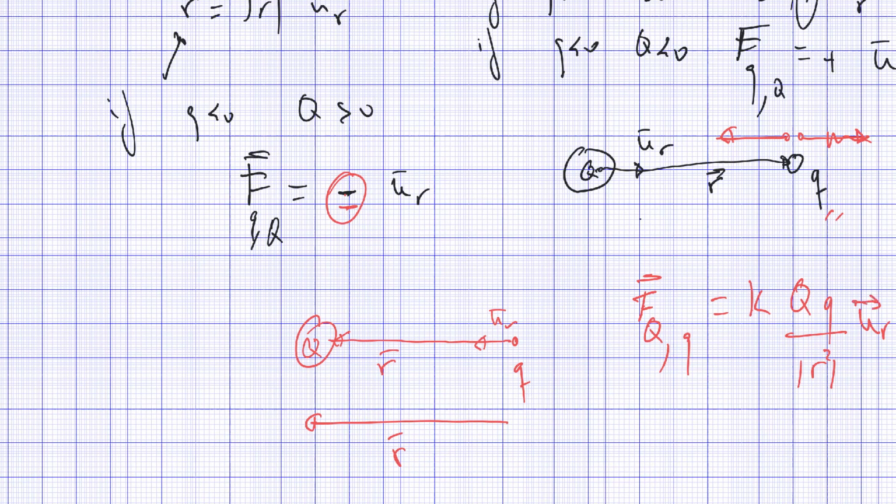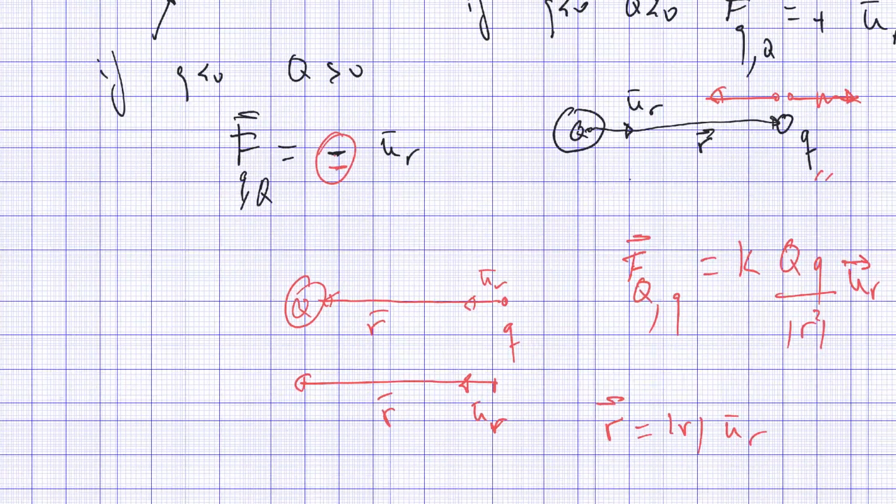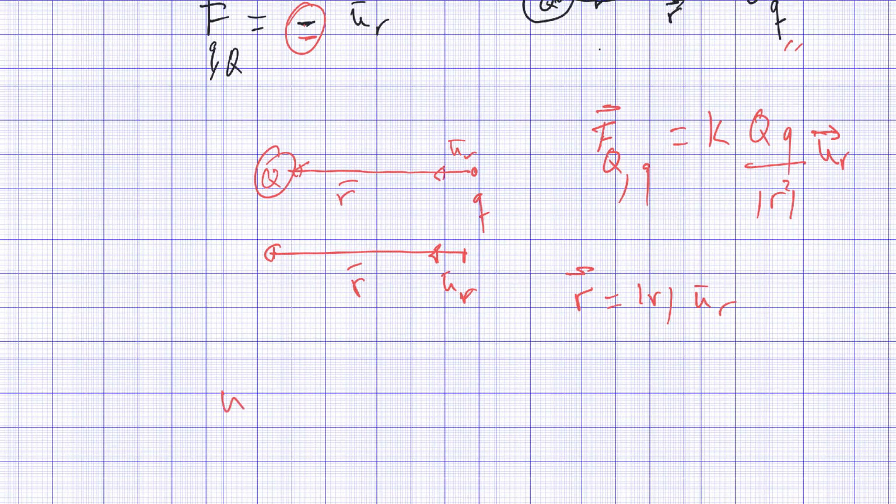Who is the vector u sub r? It is this vector, the unit vector. So pay attention, the vector r is the magnitude of r, 5 meters, in the direction of u sub r. What this equation says is that u sub r, the unit vector in the direction of r, is simply the vector r divided by the magnitude of r.